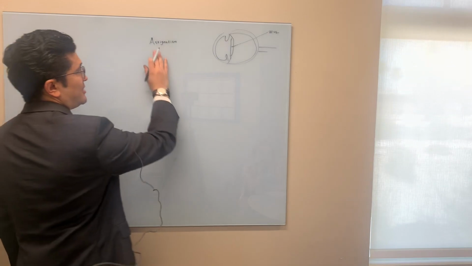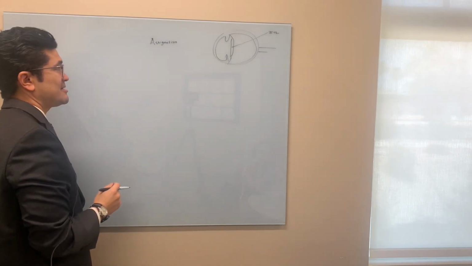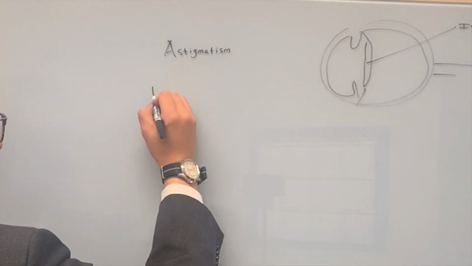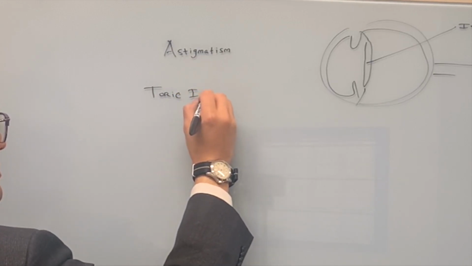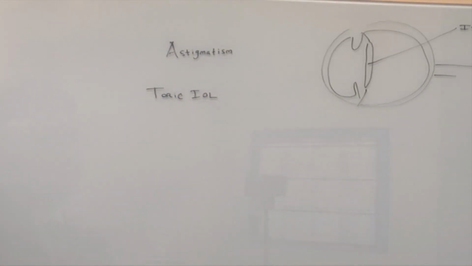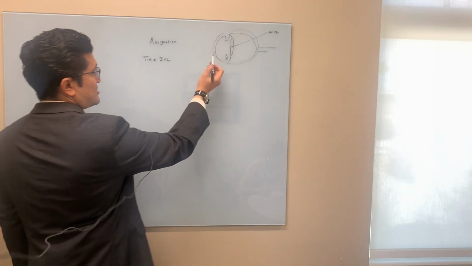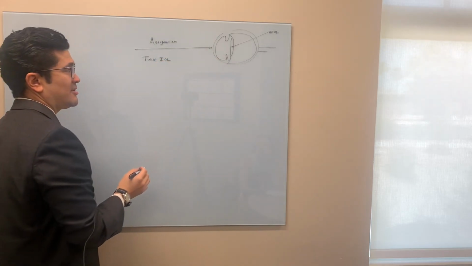So during cataract surgery, you can put a lens here that neutralizes and reduces astigmatism. And the name of that lens is a toric lens. The other way to manage astigmatism while we're here in surgery is to target the cornea.